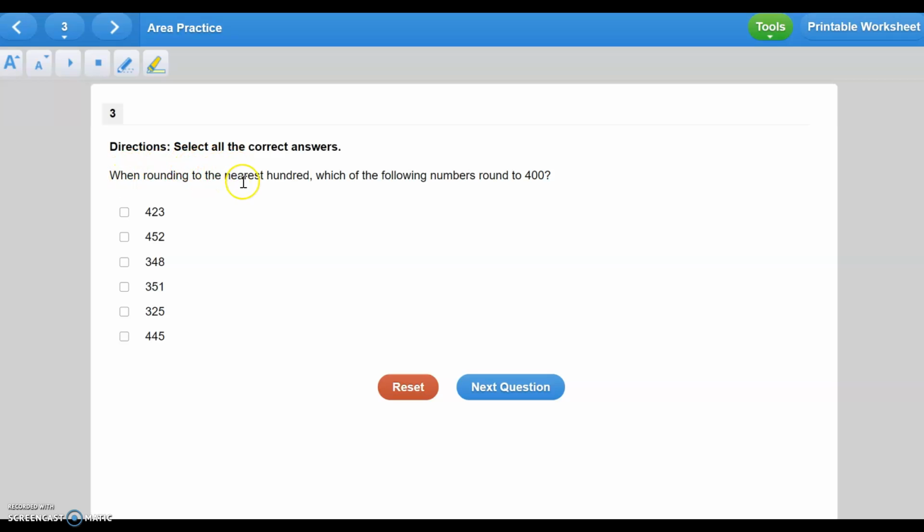When rounding to the nearest hundred, which of the following numbers round to 400? You will need your paper again. For this problem, we have to find the hundreds place. Now, if it is below, we want to see if it rounds to 400.